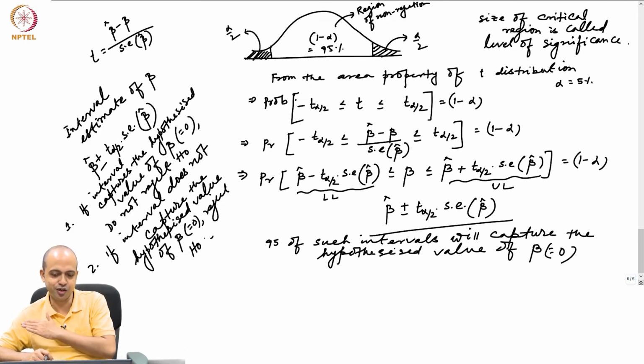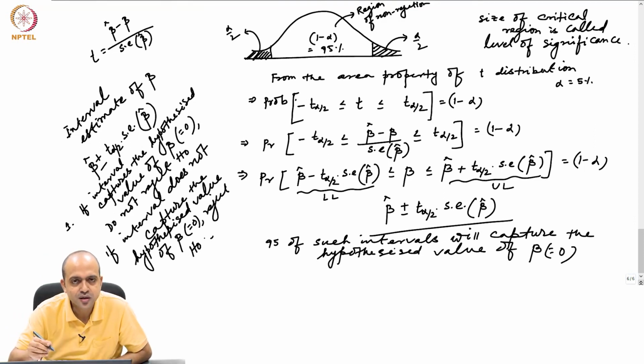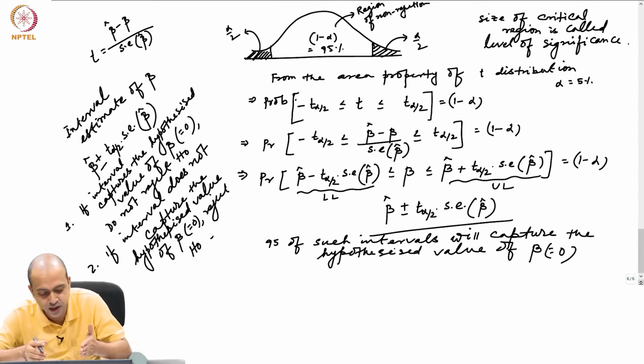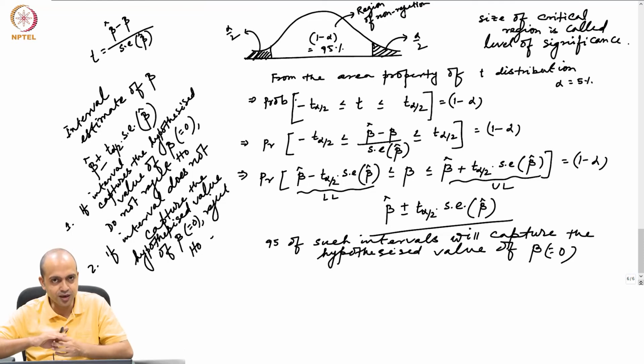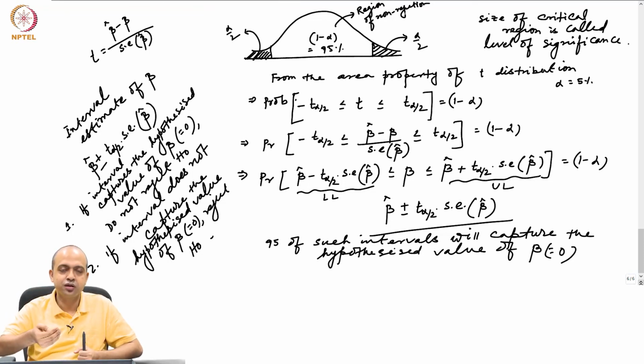And since a probability distribution is attached to this decision making, we commit some kind of mistakes or errors. There are two types of error, type 1 and type 2. Type 1 error is most severe, as I discussed giving the example. We fix a priori the probability of type 1 error, that is, we are fixing the size of the critical region.